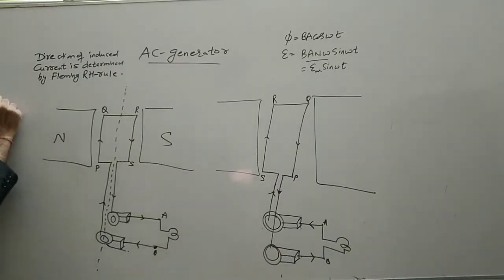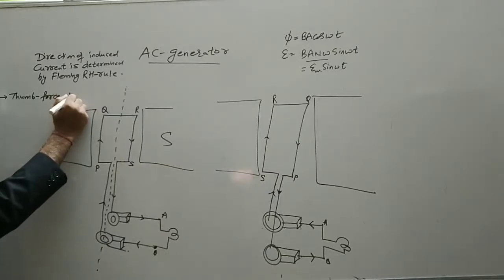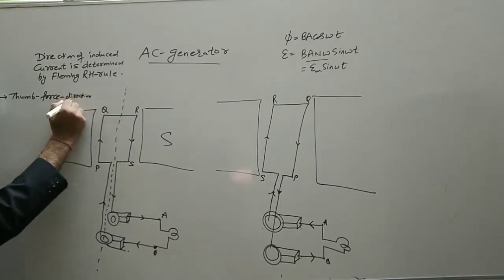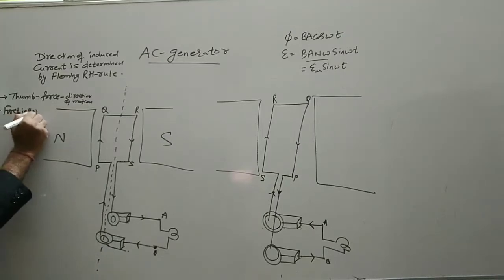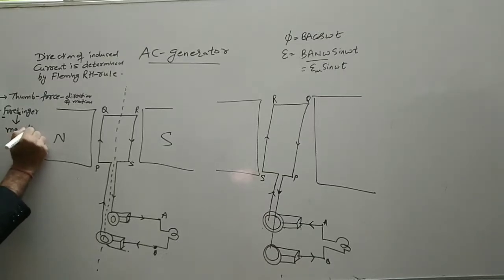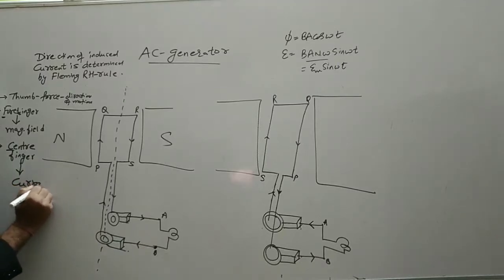Now in this right hand rule, the thumb is the direction of the force or the direction of motion. Forefinger, so F, that is the magnetic field, and then we take the center finger, C, which will give you the direction of the induced current.